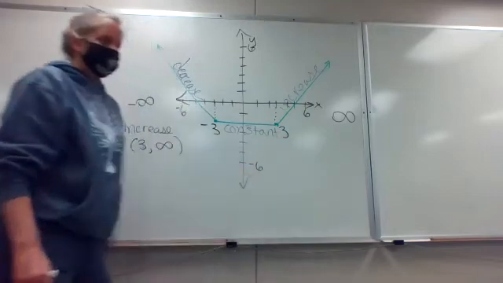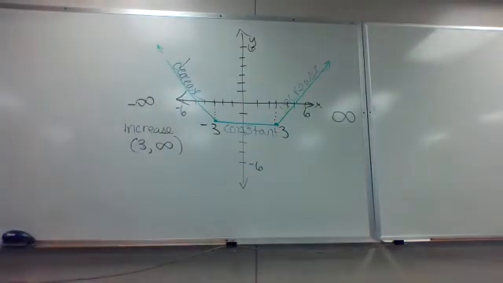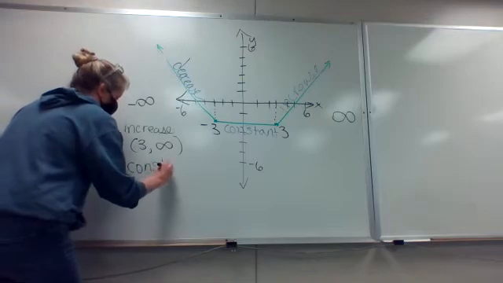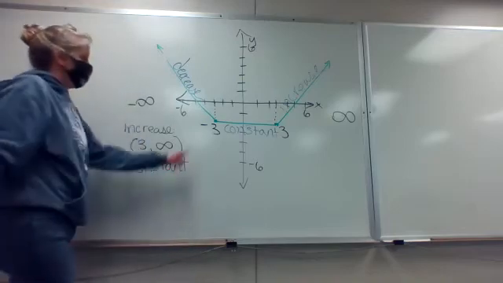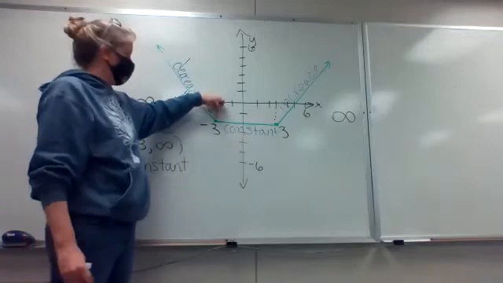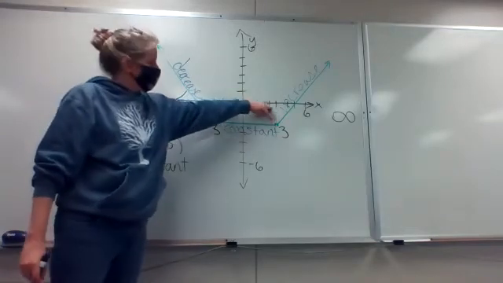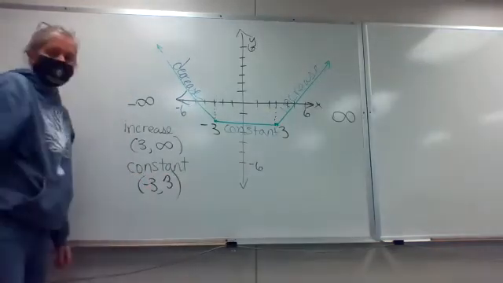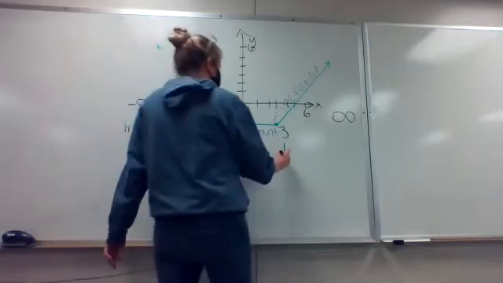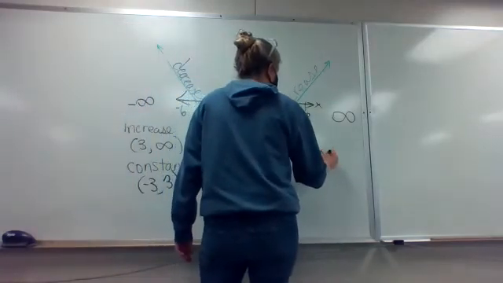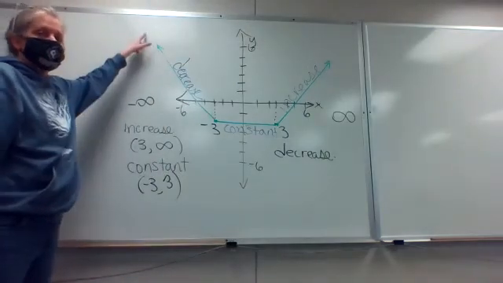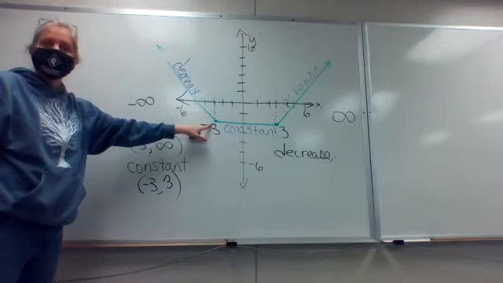It's not doing either one of those at 3. It's the change. Let's see, the next thing says the function is constant on what interval? Here's my constant. Where does it start being constant? -3 to 3. And the last one's going to say, where is the decreasing interval? Where does it start decreasing? Until it gets to -3.